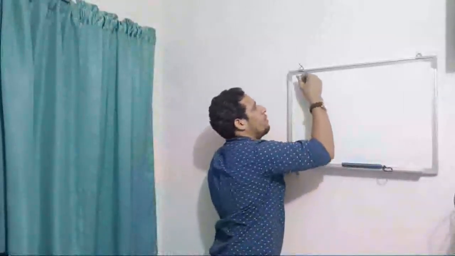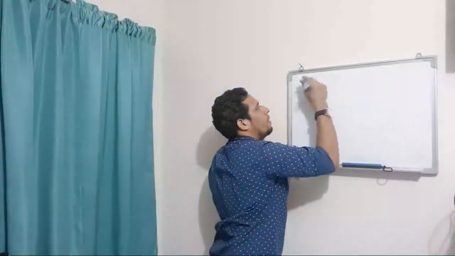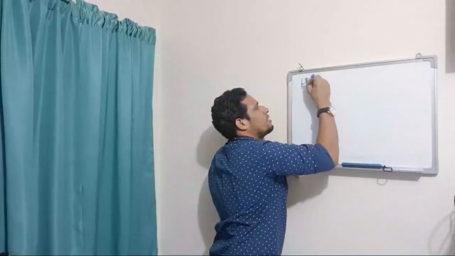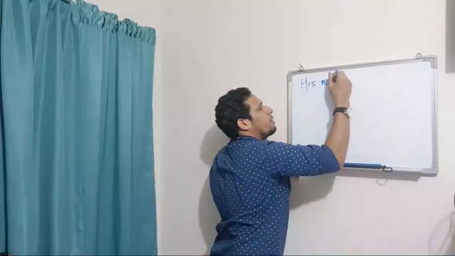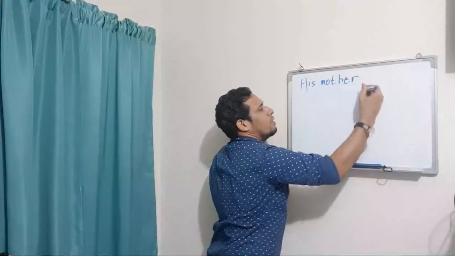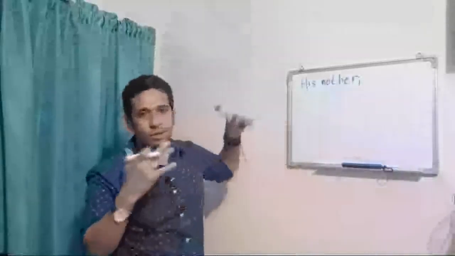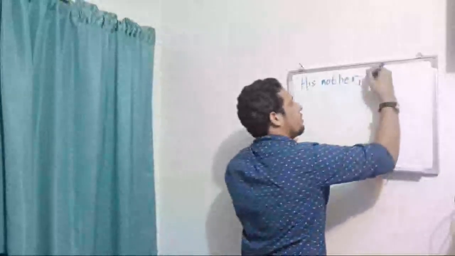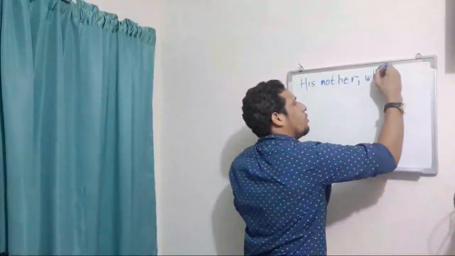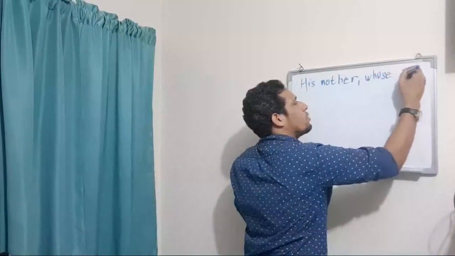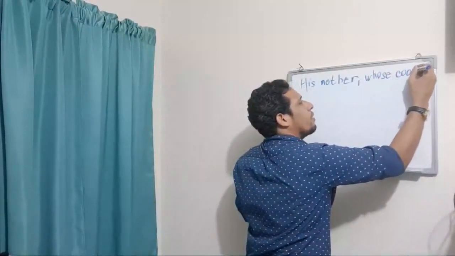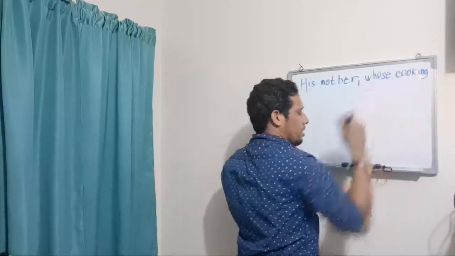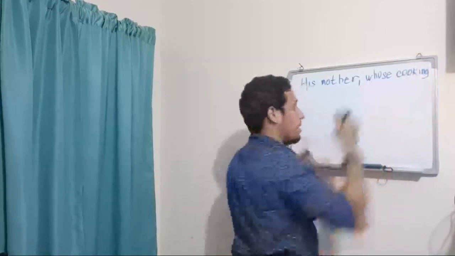But I'll give you another example just to make sure you understand, right? His mother, comma, right? Aquí viene un non-defining. Why? Because I'm adding information that is not really necessary. His mother, who's cooking, esta palabra también, whose, vamos a hablar de ella en otro video.